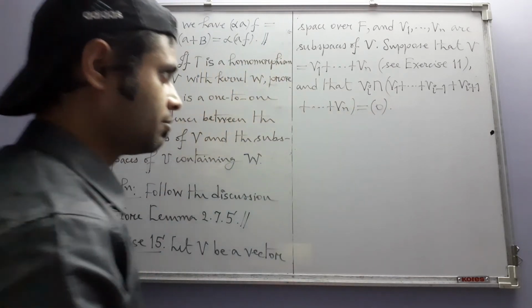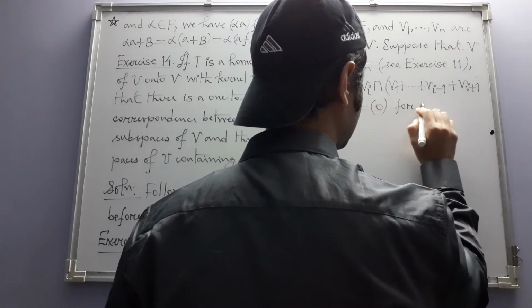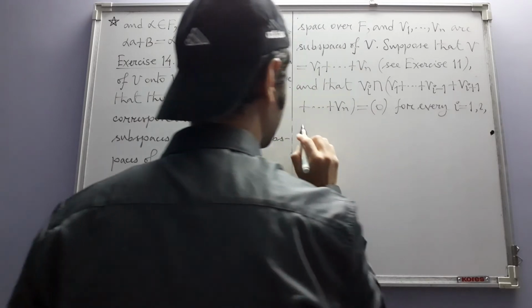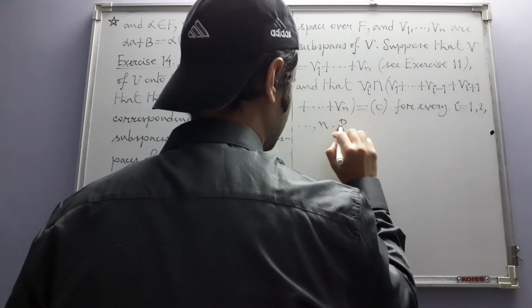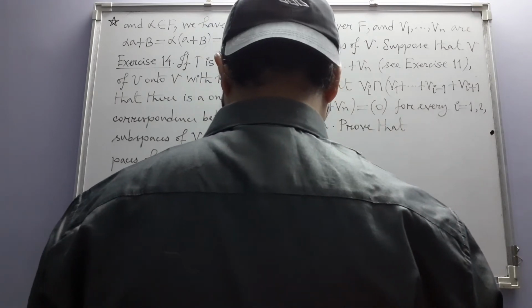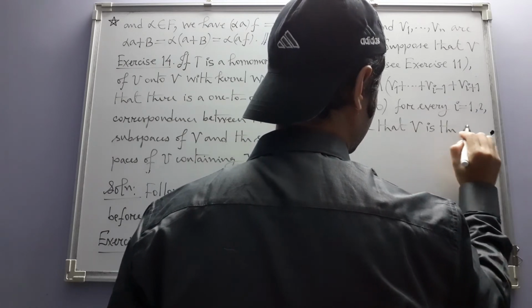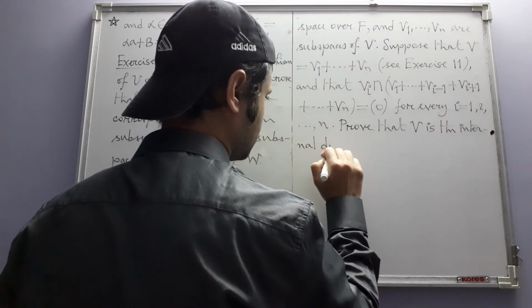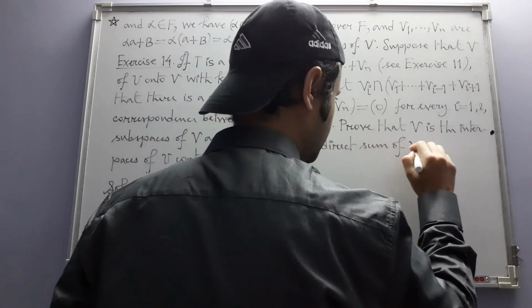It consists only of the zero vector for every i varying from 1 to n. Prove that V is the internal direct sum of these subspaces.